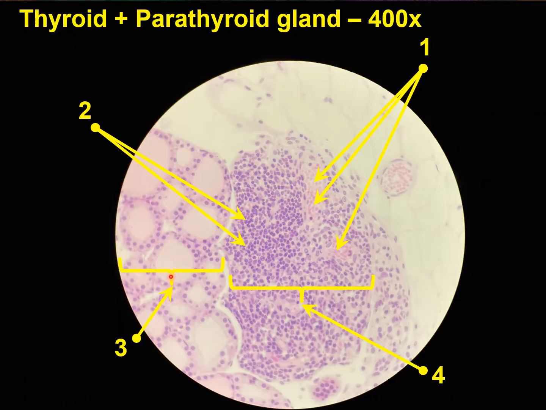This is just another histological section showing the parathyroid and thyroid glands. Here we have oxyphil cells, and oxyphil cells in the parathyroid gland are just another type of supportive cell within the parathyroid gland, and oxyphil cells are found in other organs as well.